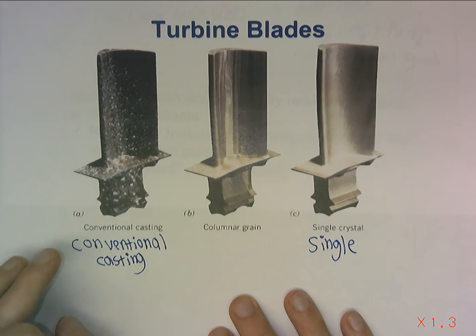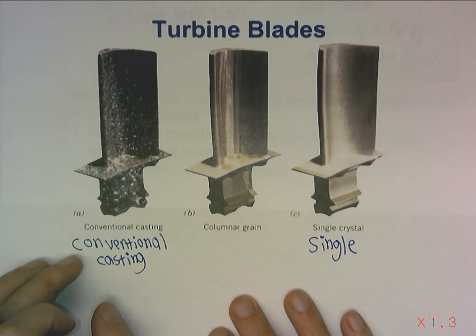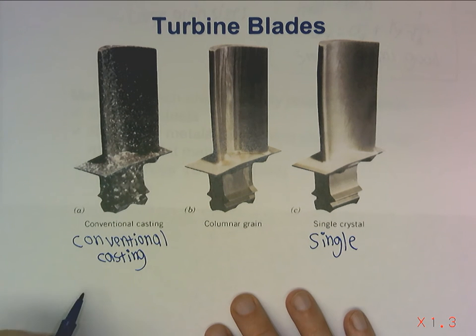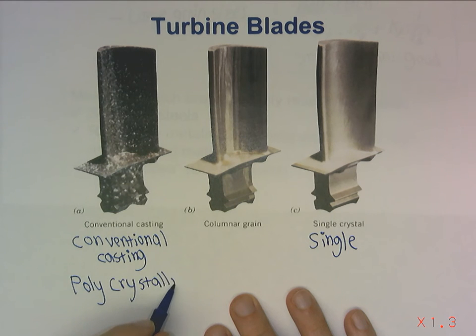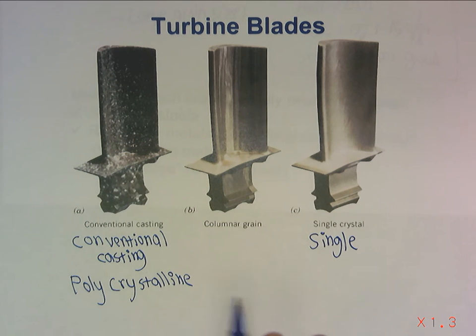Our conventional way of melting and solidifying metals with metals casting gives a very polycrystalline structure. This is great at room temperature compared to a single crystal, but at high temperatures it's not. It reverses.